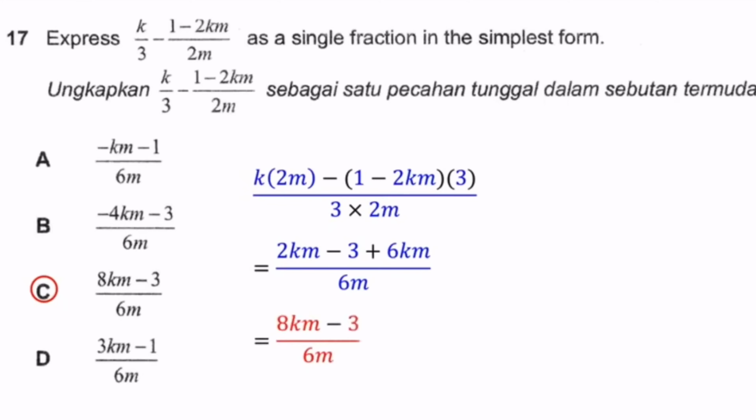Be careful with the negative and the expansion of the negative. Okay, so when you simplify, you must be very careful, and I'm sure you will get the answer if you are careful enough. So please practice more so that you will reduce your careless mistakes.